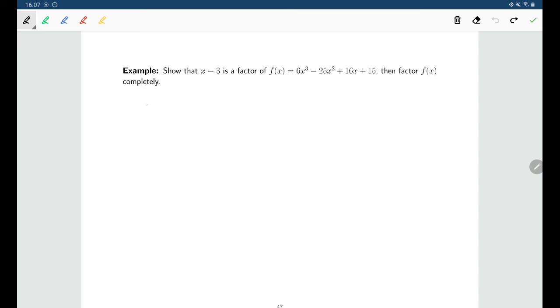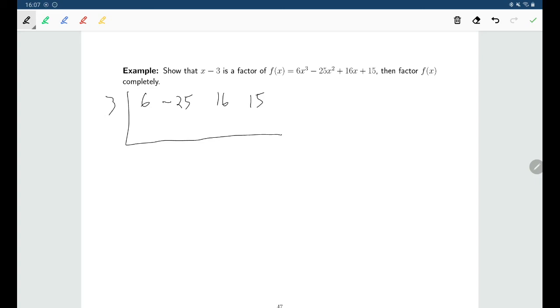We have 6x cubed minus 25x squared plus 16x and positive 15. And we're dividing by x minus 3, so we'll use positive 3.